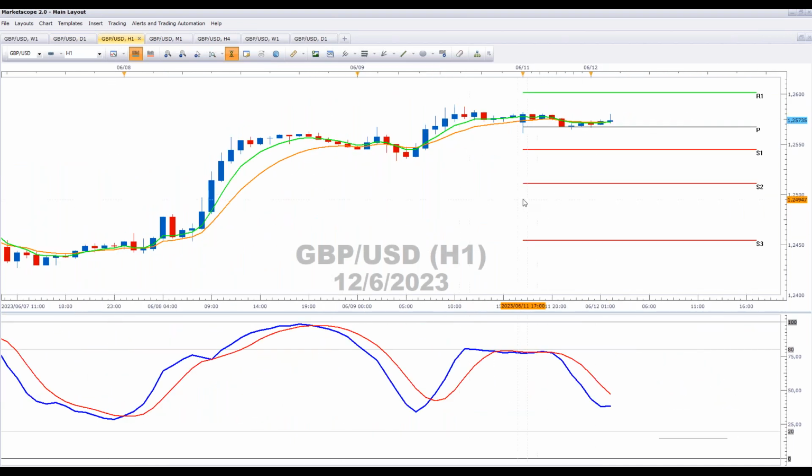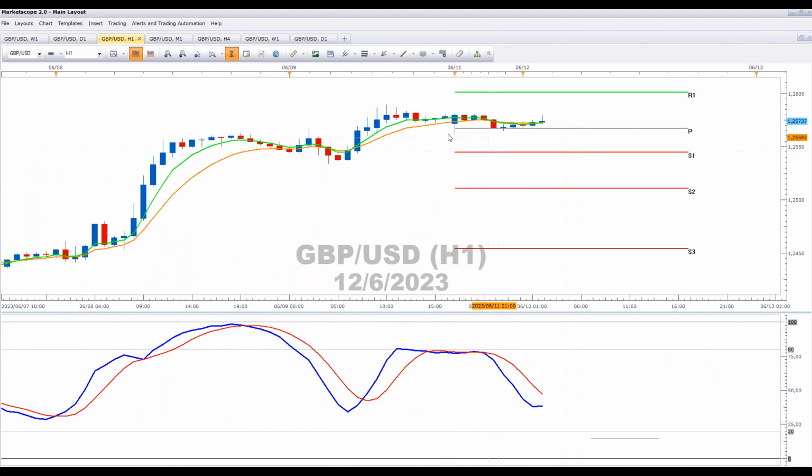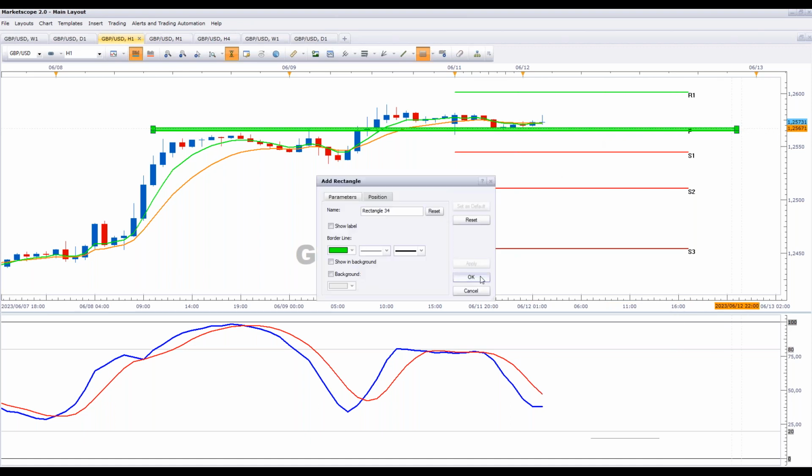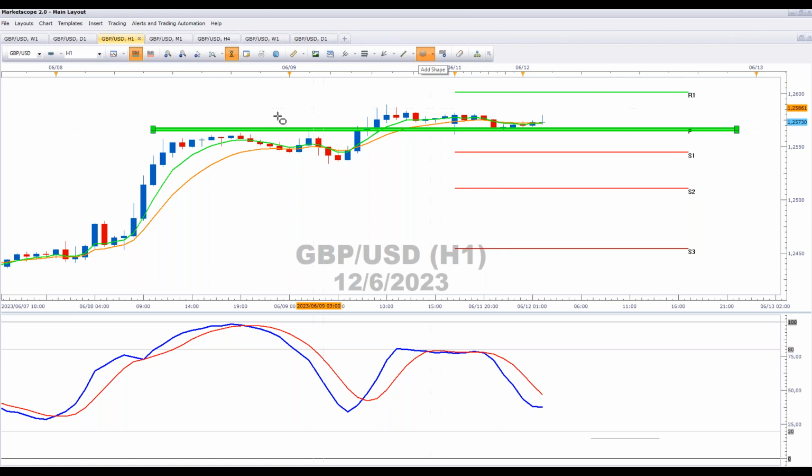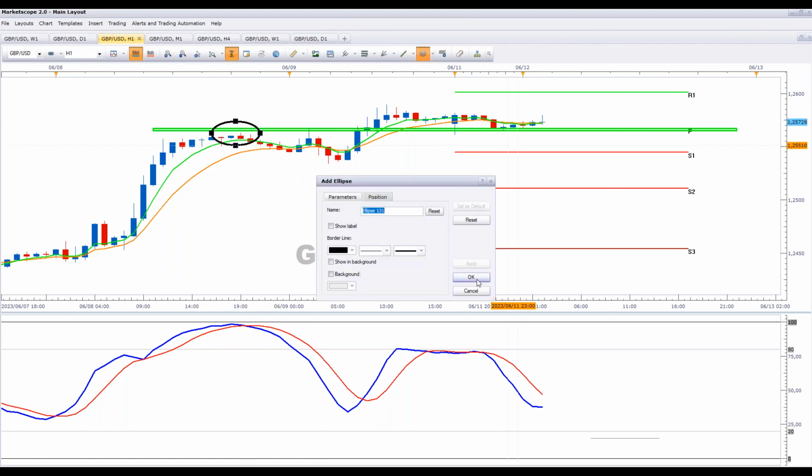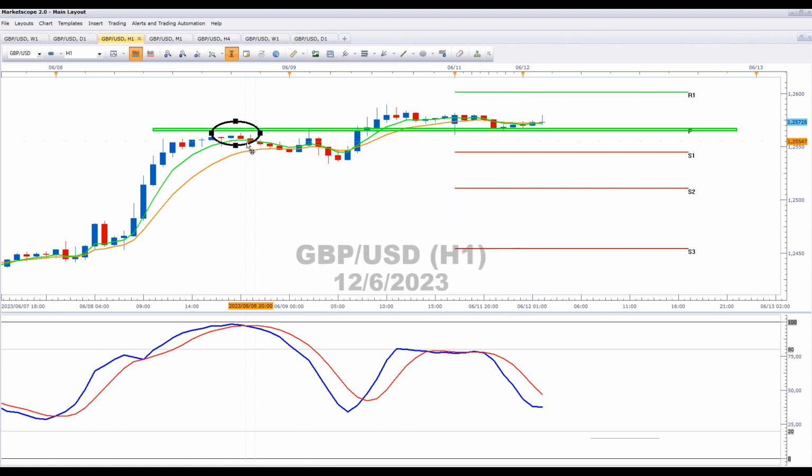Okay, so I think it's worth keeping an eye on the hourly. We are at the central pivot, which is acting as resistance. So we can bring in the resistance here. Sorry, here is the resistance, and I beg your pardon, it's now acting as support on the central pivot.